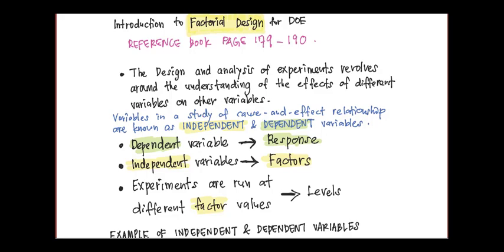These variables, as mentioned here, some of them we are going to see the effect of on the other variables. Based on this classification, we can say that we will have a cause and effect relationship between two classes or categories of variables, which are called independent and dependent variables.